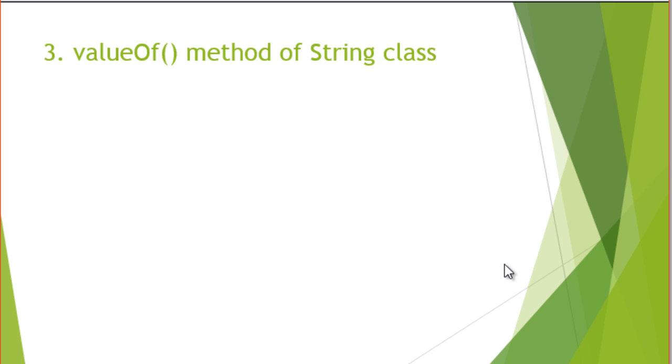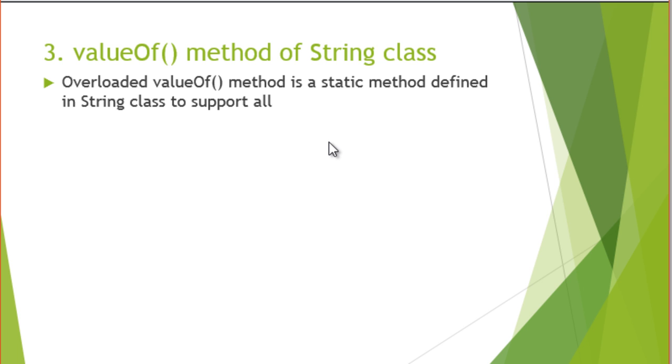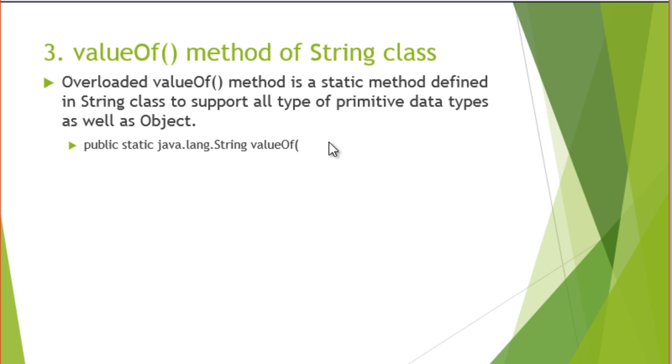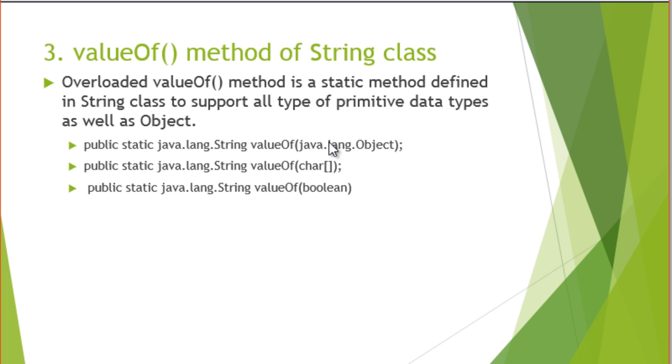The next we have is a static method valueOf in String class. This valueOf method is overloaded in the String class to convert all the primitive data types as well as object into string. Some overloaded methods of the valueOf method are displayed here.